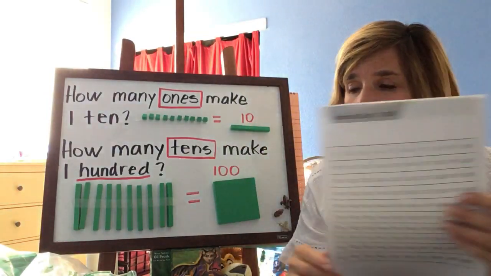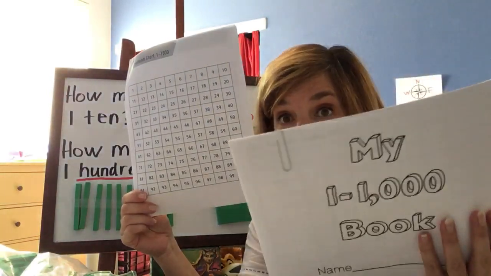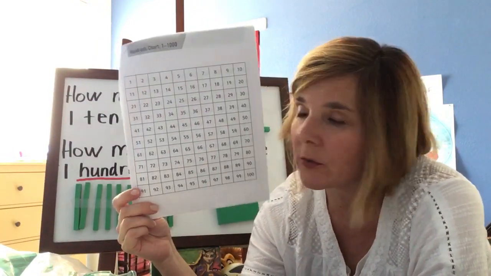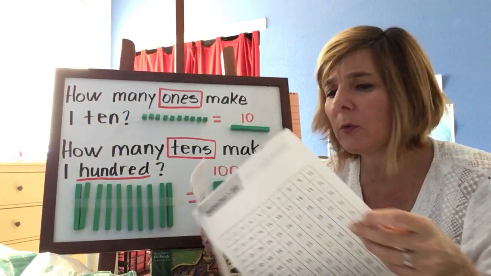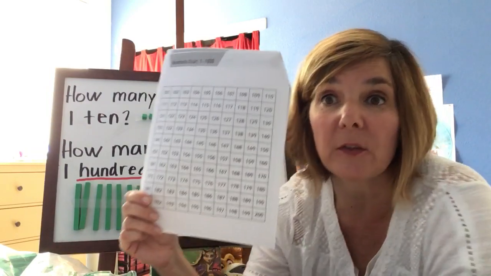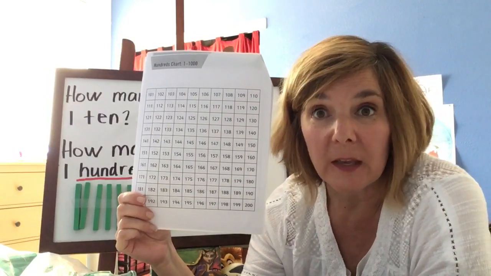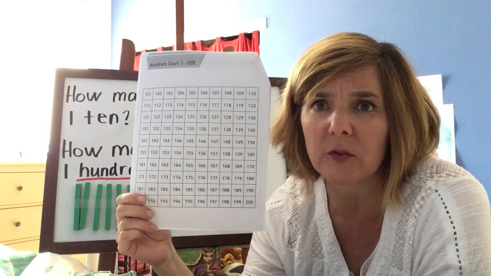Now, along with your 1,000 book, I gave you a guide. The numbers 1 to 100 are easy. You already know those. It gets a little harder when you move into the 100s and you start writing those using 3 digits. Now, let's say you get stuck and you don't know how to write a number for 120.